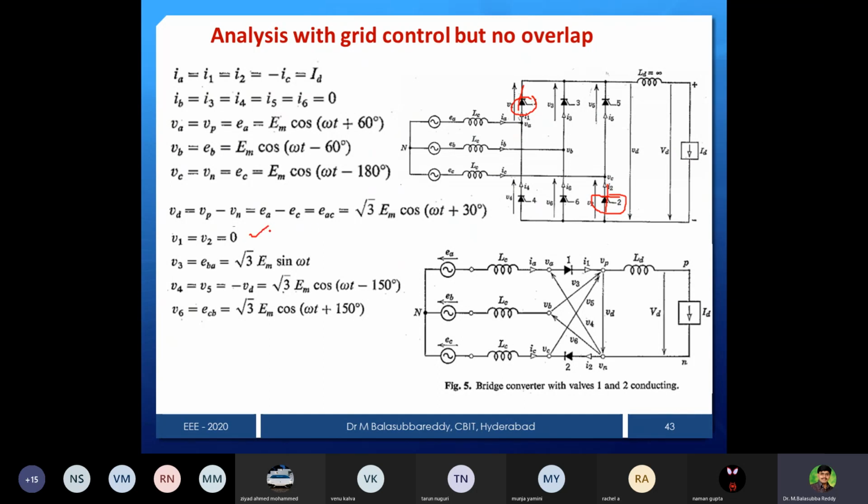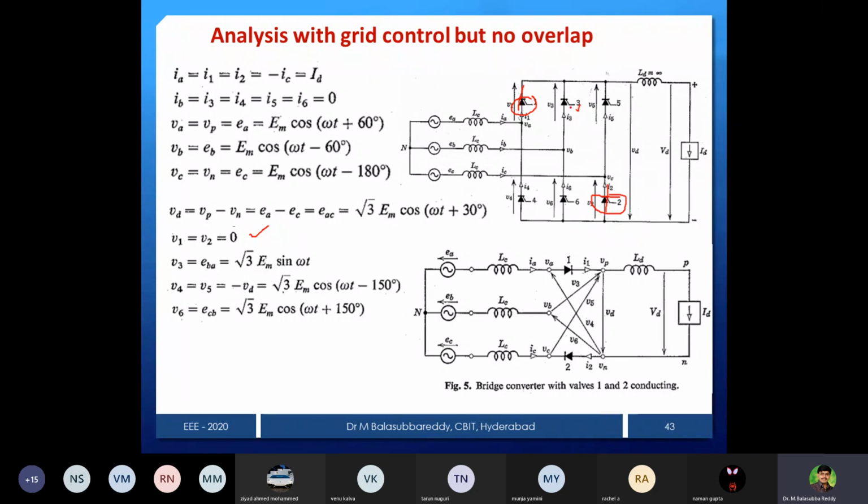So I just mention it is a 0. And what about the voltage across V3? V3 is nothing but valve 3 conduction. So you have to measure the voltage with respect to the anode. So now where the anode is connected, where the cathode is connected, that is the voltage across valve 3, and similarly the rest of the valves also.